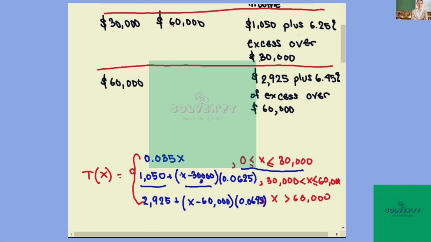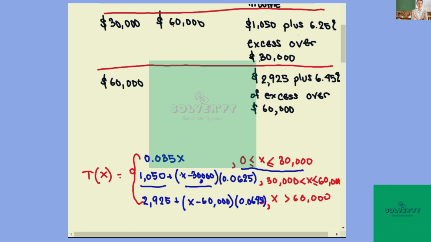And there we have it. This would be the piecewise function for the tax schedule of a married couple filing jointly in the state of Kansas.